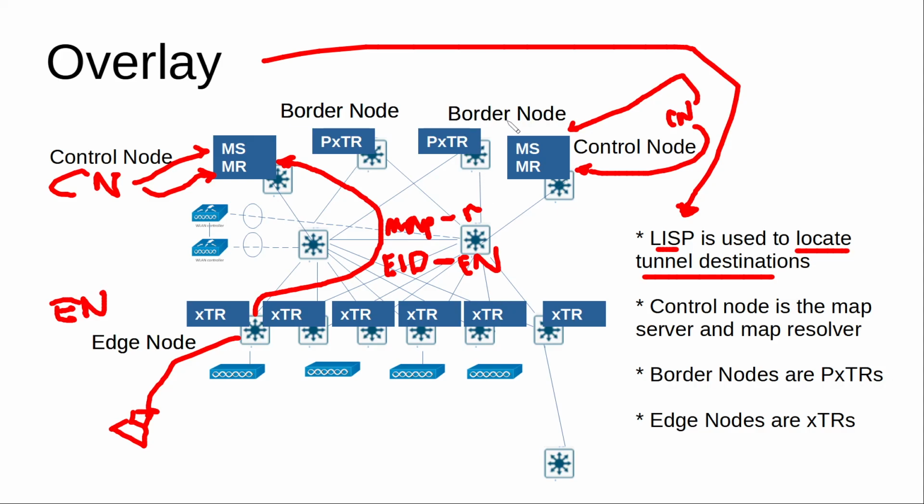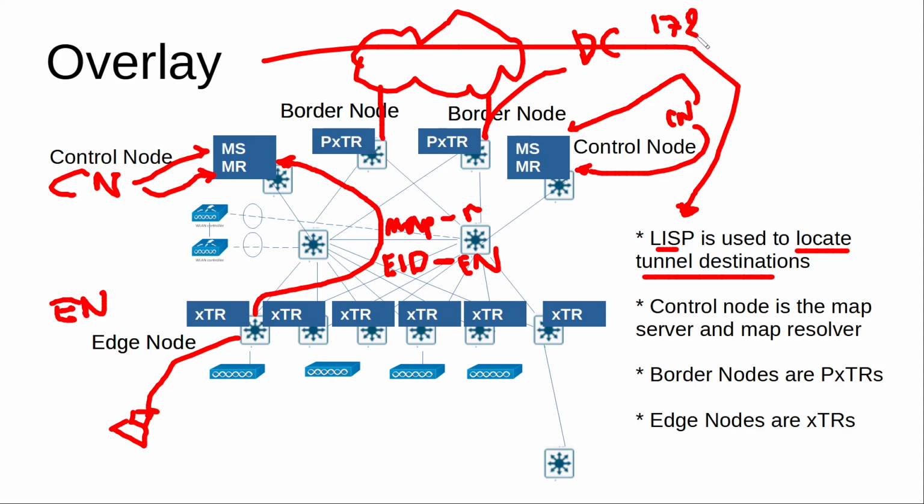For the border nodes, you have to remember that border nodes are proxy xTRs. Remember that border nodes connect our network to external networks, for instance, a data center. And if, for instance, you are using the prefix 172.16.0.0/16 for all your devices within your data center, these border nodes will register that prefix with the control node using a map register message as well.